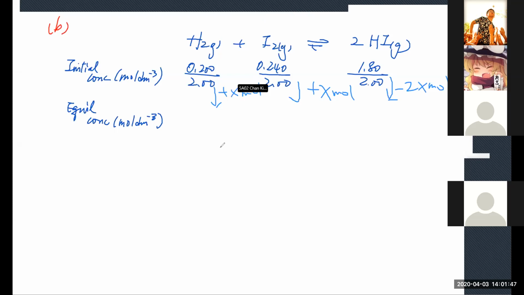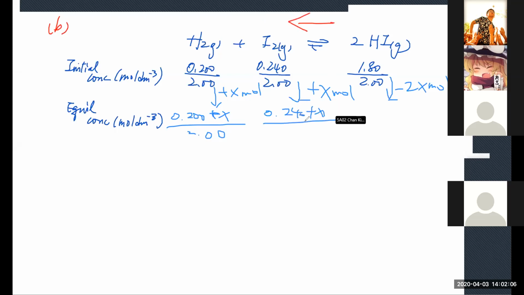Can you get my point? So in this case, you know that the final statement is the net backward reaction, which means that the initial concentration, finally, what will happen? They will experience a net backward reaction. So we've got that sign, right?